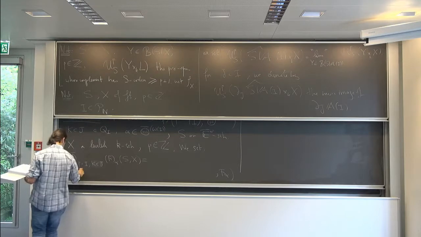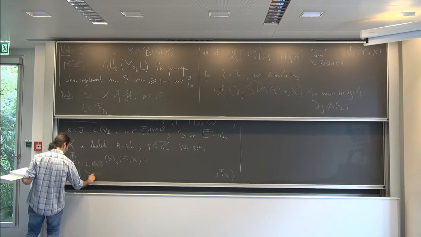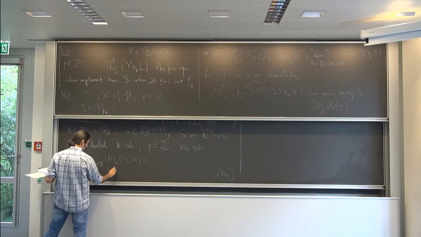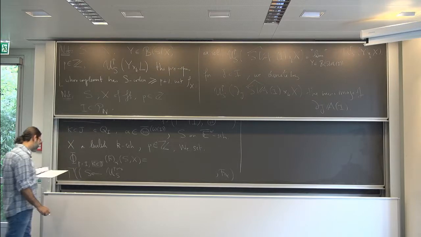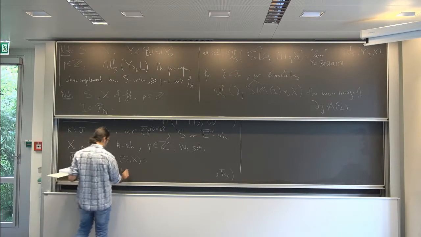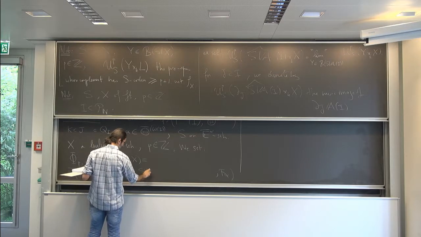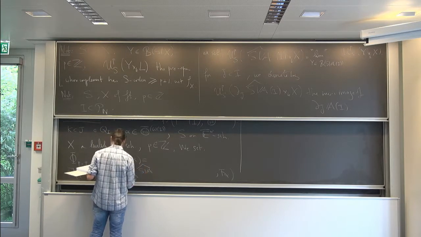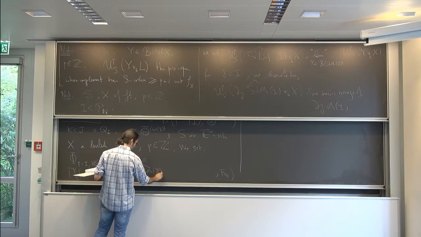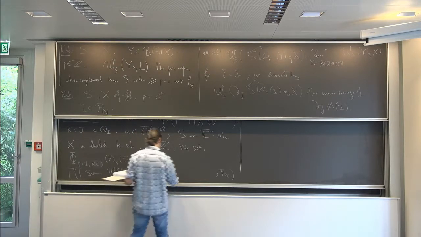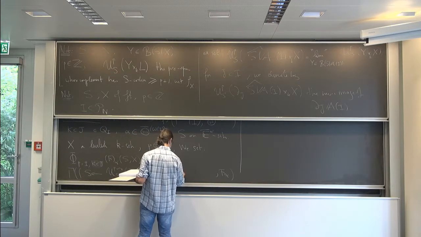So we have S, then we have this open U p plus nx, now relative to S, of the boundary, and then maps this to the non-relative version.